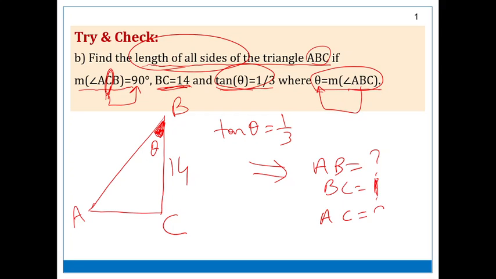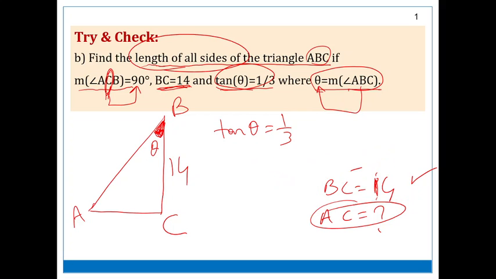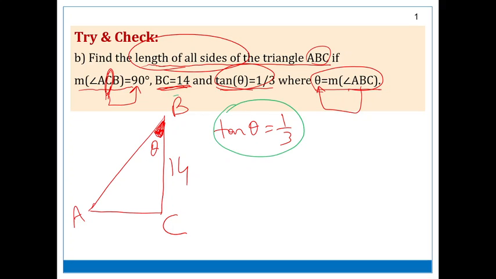Now we know this is 14, we know it. Then we have to find the others. So how can I find the others? Now, I will use these two pieces of information here. One is tangent theta is 1 over 3, and the other is this triangle. We can calculate tangent theta by using the right triangle.